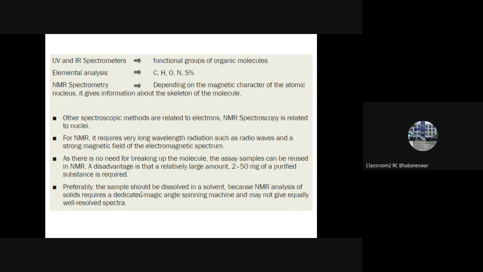Here the sample you will be preparing with so much effort can be reused in the NMR. The disadvantage is that a relatively large amount, like milligram amount, of your purified substance is required.